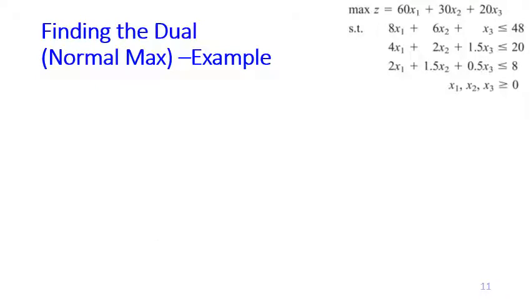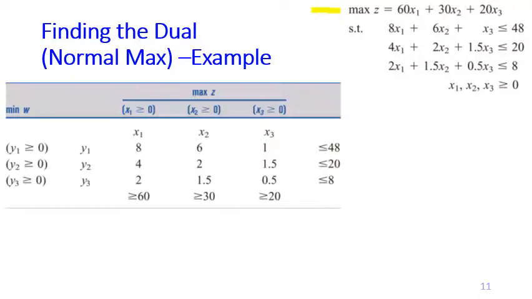So let's apply what we've seen before using this example, a normal maximization problem. So you put this primal problem into the table. So for example, this is 8, 6, 1 less than or equal to 48. That's the first constraint. And then you put the sign restrictions here on the top.